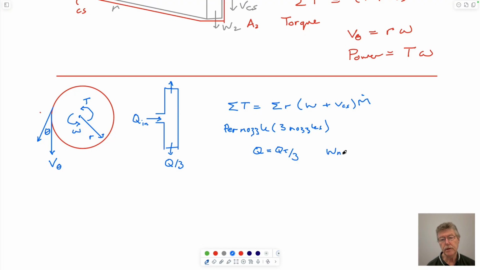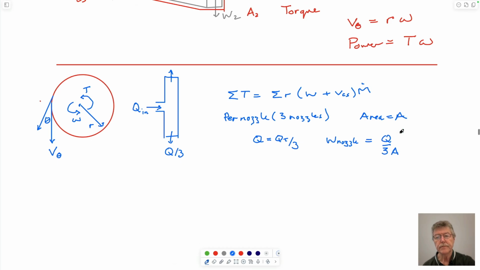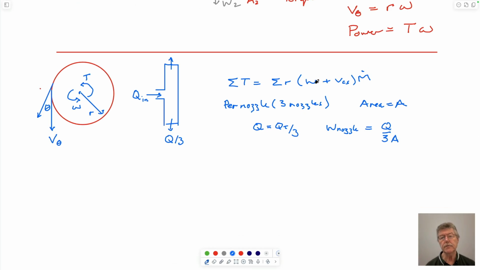W nozzle would be equal to Q over 3 divided by area. And so this would be the amount coming out of one nozzle.